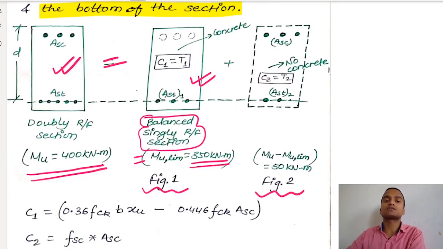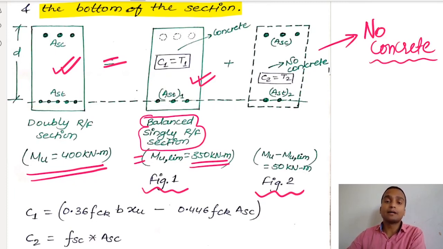This dotted line is just for your clarity and understanding, because we have provided no concrete, which is why it is shown by dotted lines from the boundary. But we have provided 2 more steel bars at the bottom, which we have denoted by Ast2, and a few steel bars in the compression zone also, whose area is written as Asc.